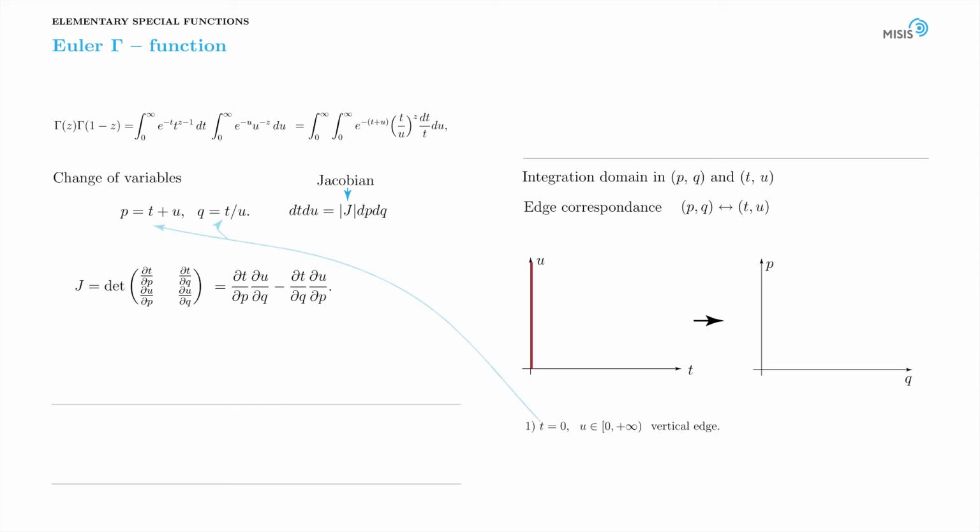We plug these equations into our change and get the parametric equation for the image of this edge in the pq plane. Here, the role of the parameter is assumed by u. We see that it is nothing but the vertical edge in the pq plane. Good. Next, we find the image of the horizontal edge. u is equal to 0 and t is running from 0 to plus infinity.